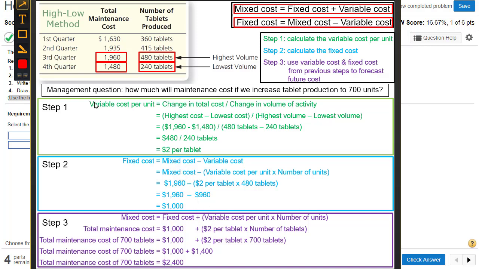So the first thing we need to do is calculate the variable cost per unit. So we're going to take the high production level and the low production level. The first thing we need to do is calculate the change in total cost divided by change in volume activity. And again, we're going to use the high and low production levels.